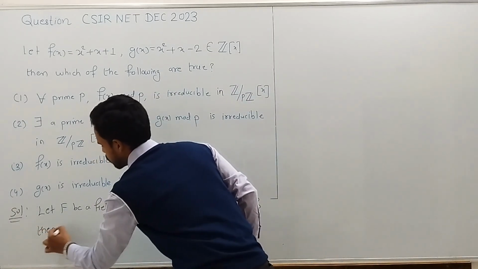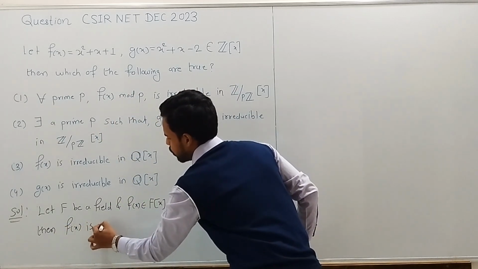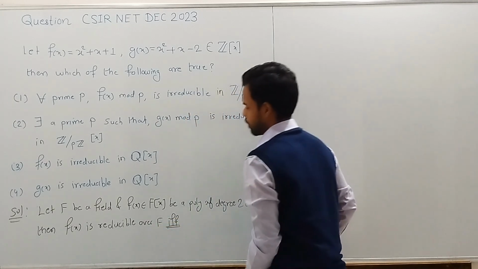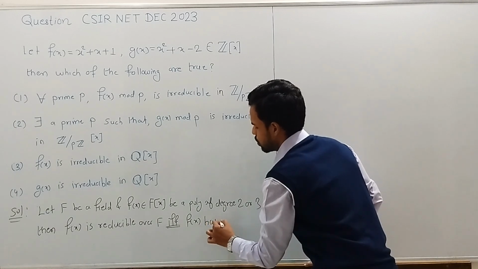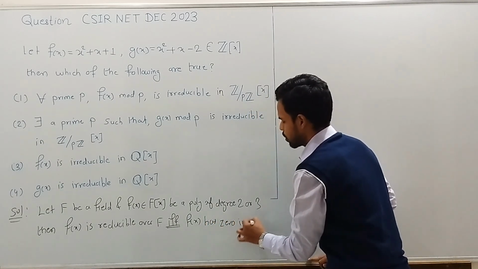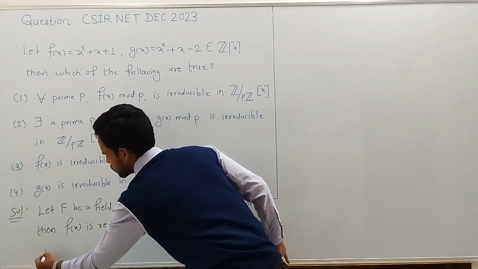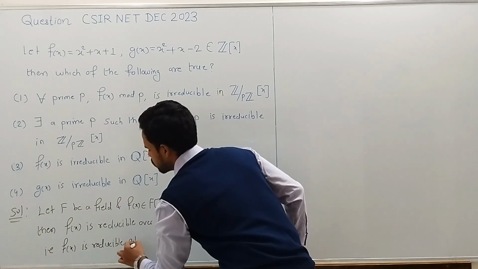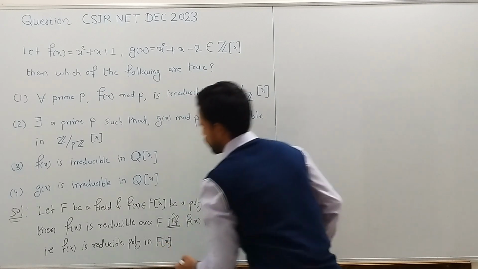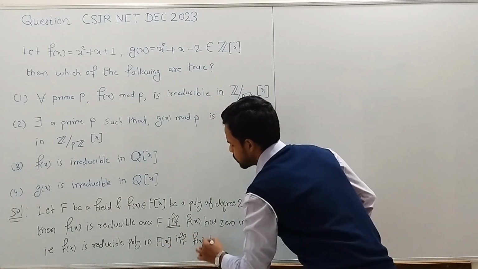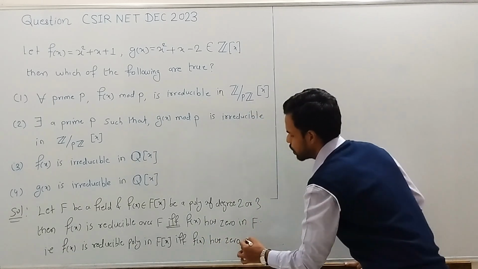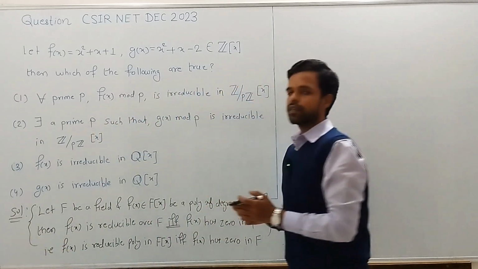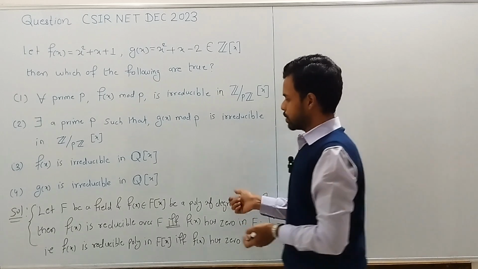Then f(x) is reducible over F if and only if f(x) has a root in F. That is, f(x) is a reducible polynomial in F[x] if and only if f(x) has a root in F. This is called the reducibility test for polynomials of degree 2 or 3. So let's use this to solve this question.